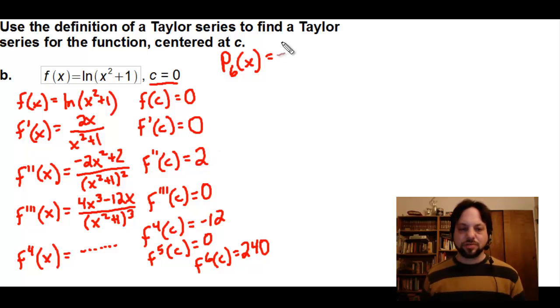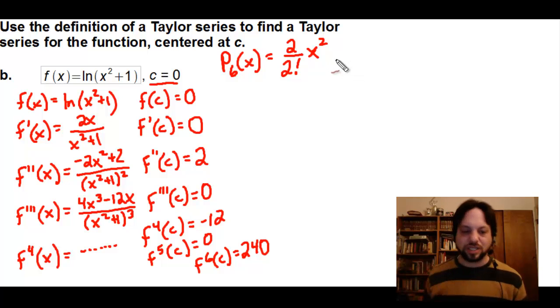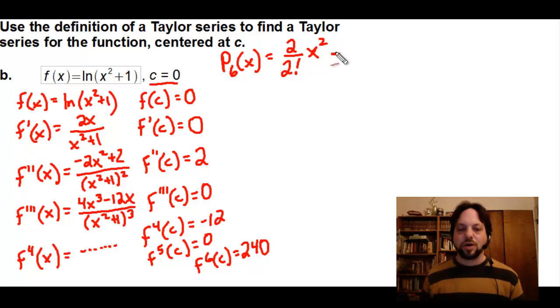So the first term that we actually see is going to be 2. I need to divide that, of course, by 2 factorial, and then I'll do x minus 0 to the second power. I'm not actually going to write x minus 0, of course, but you see that that is the case. So our next term will be 12. 12 will be my coefficient right here, and remember the negative, so it's minus.